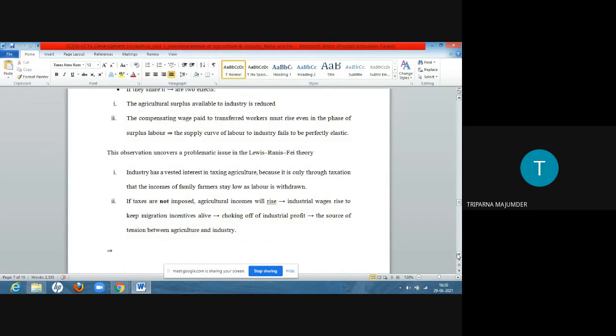Now, industry has a vested interest in taxing the agricultural sector, because it is only through taxation that the incomes of family farmers stay low as labor is withdrawn. If taxes are not imposed, agricultural income will increase, which will lead to an industrial wage increase.